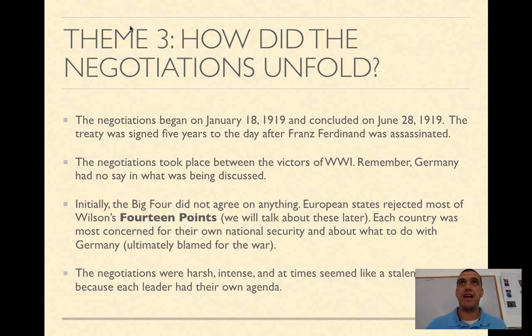Each country had a different view on what to do with Germany, although they were ultimately blamed for the war. And that's kind of strange because we remember it kicked off between a beef between the Austria-Hungarian Empire and Serbia. So Germany's getting the short end of the stick here.